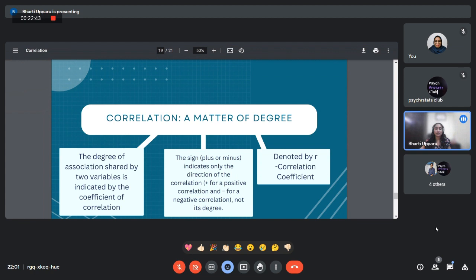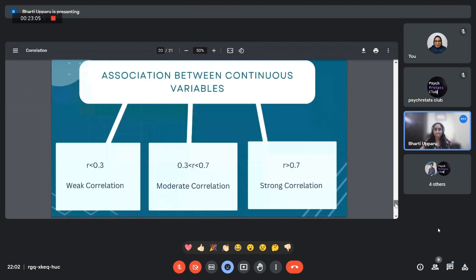The correlation coefficient is denoted by R, which is mostly used for Pearson's correlation coefficient. I mention this because we'll be using it for the research paper that we are going to discuss. Pearson's correlation coefficient is always between two continuous variables.